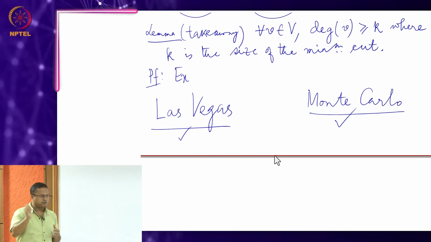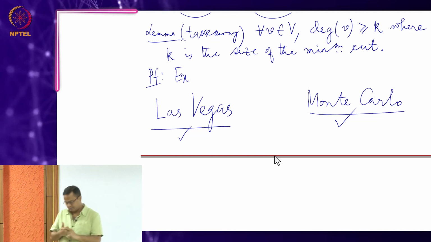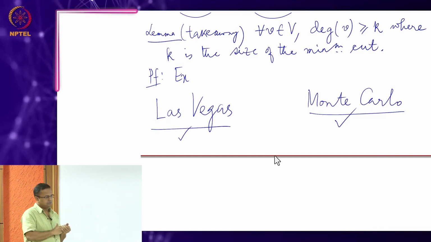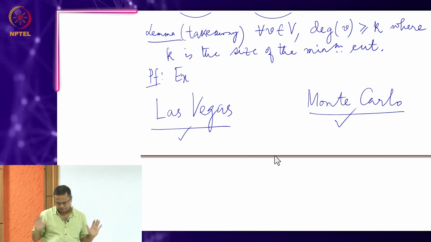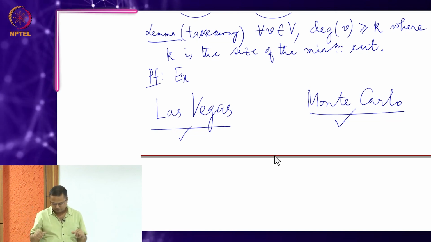All edges going across are the cut. Is the algorithm clear? Okay.